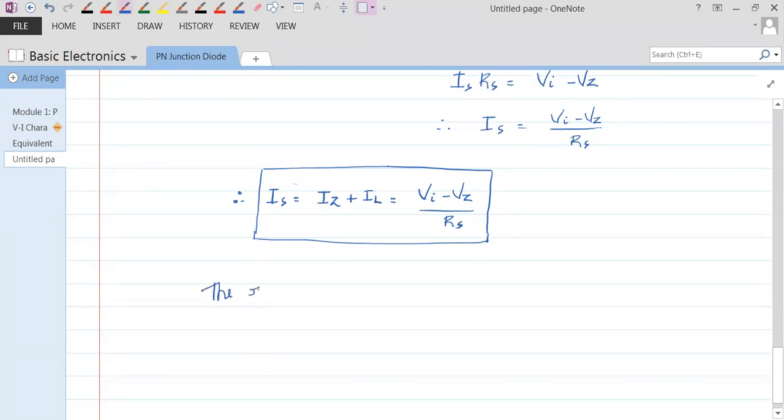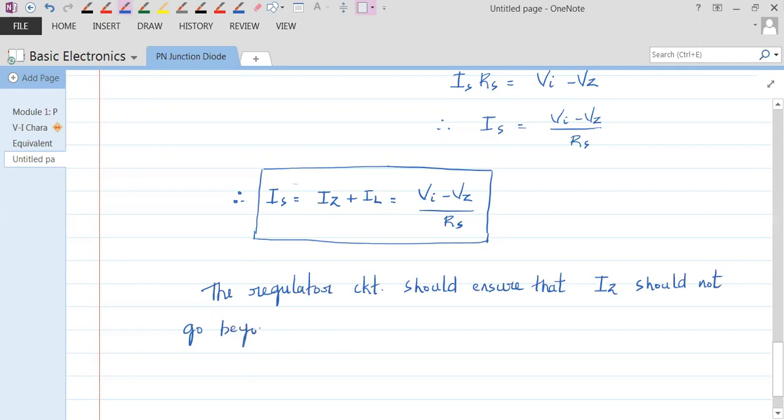The regulator circuit should ensure that Iz should not go beyond Iz max. Otherwise, the Zener diode is also not safe.